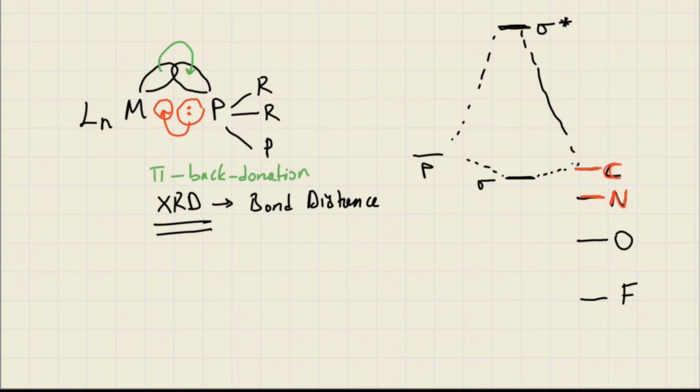So in the nitrogen case, this will be sigma, but sigma star will have lower energy than the carbon. So this is the sigma star. And we have oxygen. I want to make it green. Okay, carbon is black. Oxygen is green. And oxygen sigma star will be here.